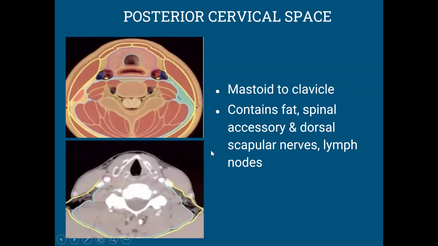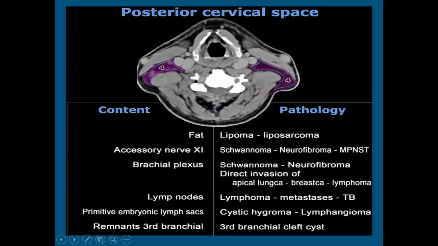This space extends from the mastoid to the clavicle level. It contains fat, the spinal accessory and the dorsal scapular nerves, and also lymph nodes. So these are the contents, and we can have corresponding pathologies related to them.